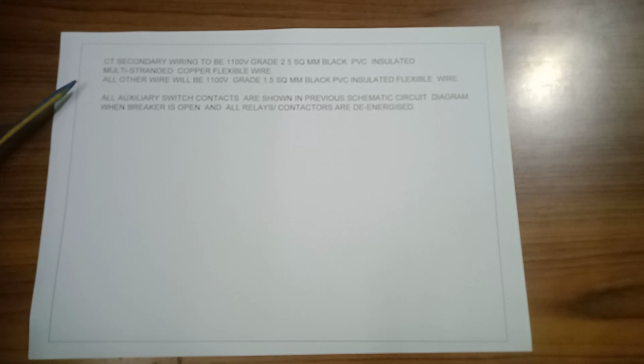All other wire will be 1100 volt grade 1.5 square mm black PVC insulated flexible wire. All auxiliary switch contacts are shown in the previous schematic circuit diagram when the breaker is open, and all relays and contactors are de-energized.